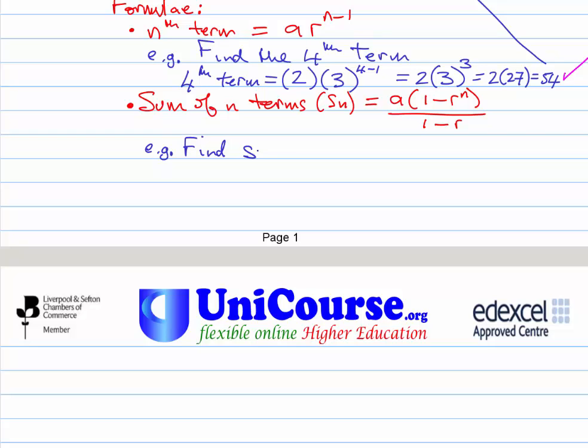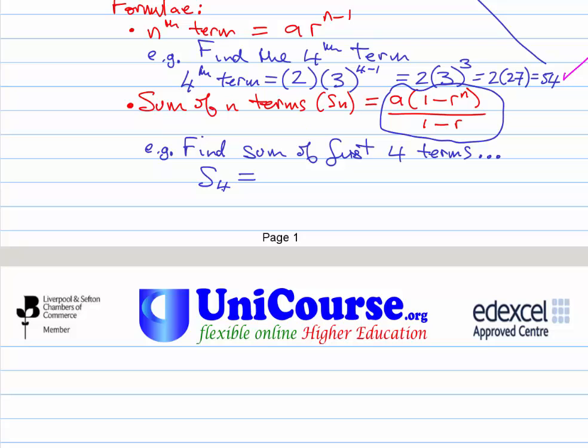Let's see if we can find the sum of the first 4 terms. Written like this, S4 equals, again there's the formula there, and we just plug in our values.